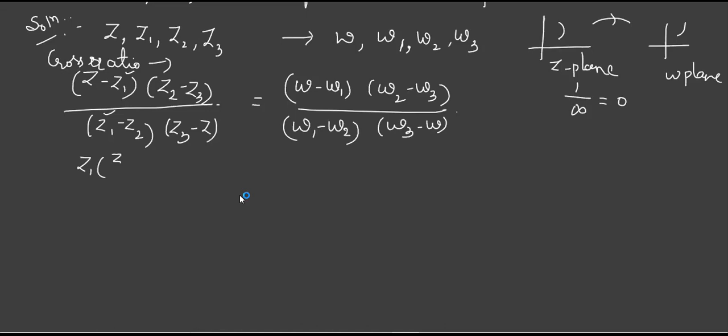If it's not common, divided by Z1. See, if I take this inside, you will get again Z. So Z1 is taken out. What remains in this place? 1 remains, obviously. Now don't disturb any other bracket. Keep it as same.